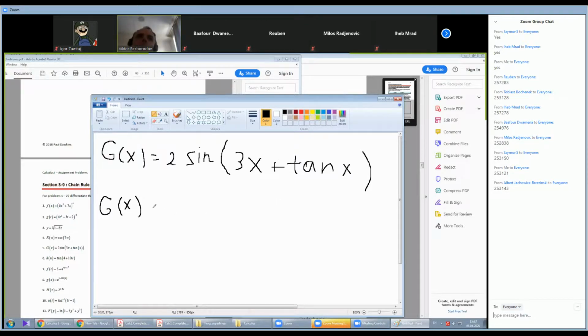Usually you just proceed directly. So the derivative of sine is cosine. So you just write cosine, but you don't write x, you write the same thing as below, right? 3x plus tangent of x.